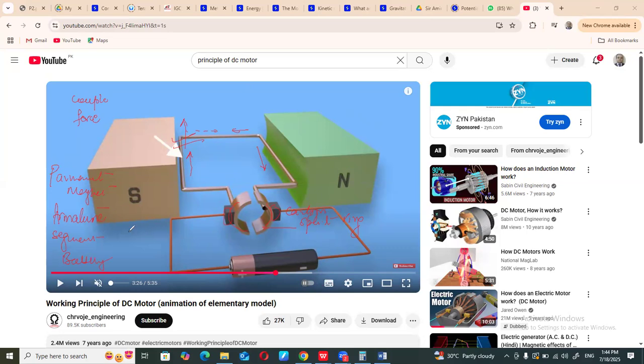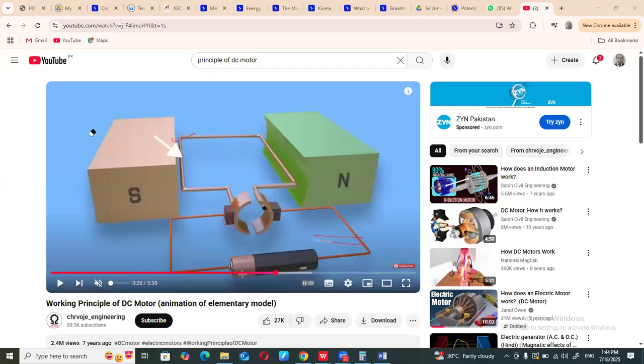And the last one is the commutator segment. In the commutator segment, there are two major things: carbon brushes and split ring. Now, each has a small function in it. Let's discuss it further and see what happens.